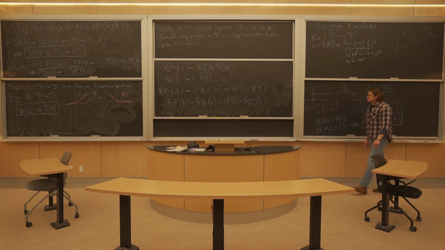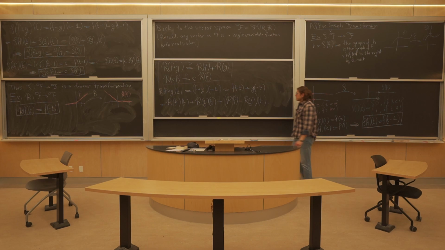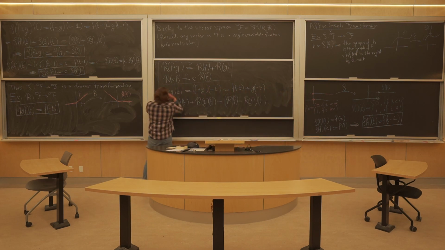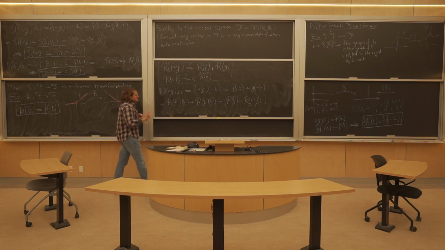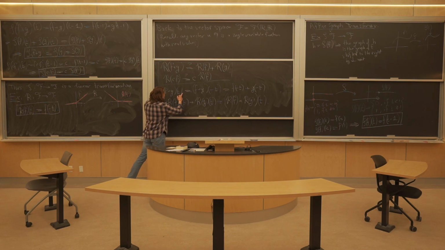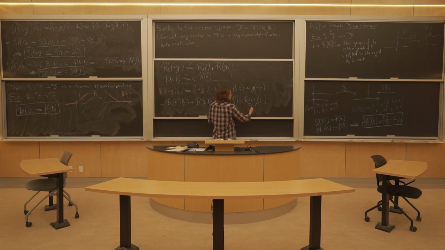Okay? So you see, I started with the left-hand side function over here. I plugged in an arbitrary time value t, so this is now a number. And now I keep using the properties of the vector space that I'm dealing with. And I do a rearrangement, and I realize that this number, the value of R of f plus g, which is a function, at time t, is the same thing as the value of this function at the same time.